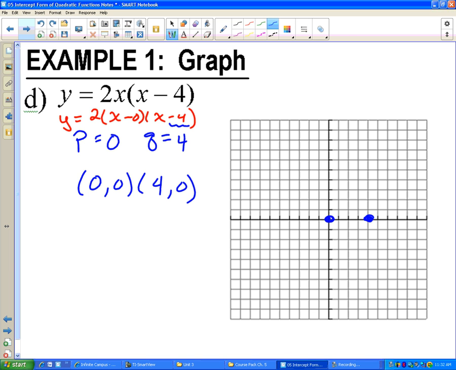I need to find my axis of symmetry, so x is equal to p plus q divided by 2. 0 plus 4 divided by 2 is 4 over 2, which is 2. So my axis of symmetry is x is equal to 2.